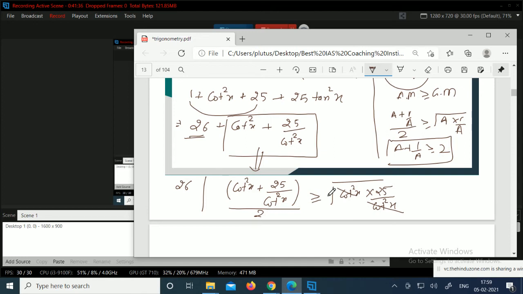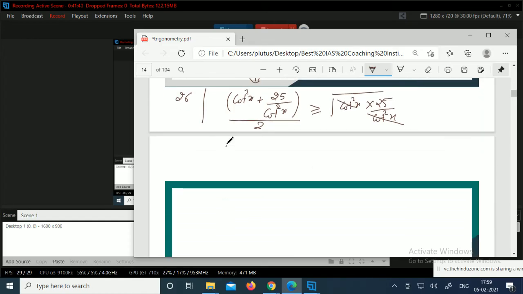So if I multiply to this side and take the square root of 25, I can conclude that this expression cot square x plus 25 cot square x is greater than or equal to 10.